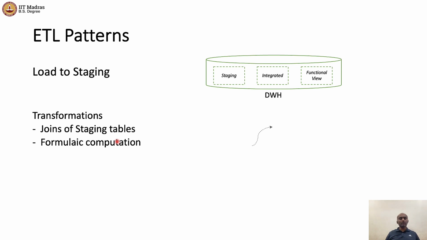How do you break down a large text into its constituent elements of names, addresses, and phone numbers. So all of those are different types of formulaic computations. So transformations which allow you to plug and play different libraries of these standard formulas are necessary, right? That's part of the ETL pattern.